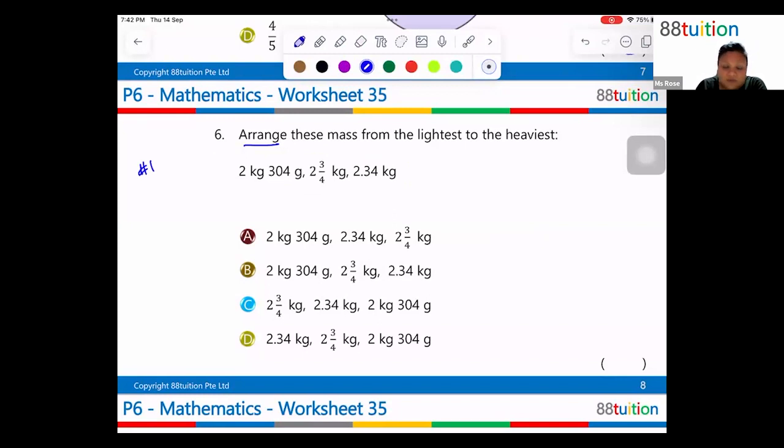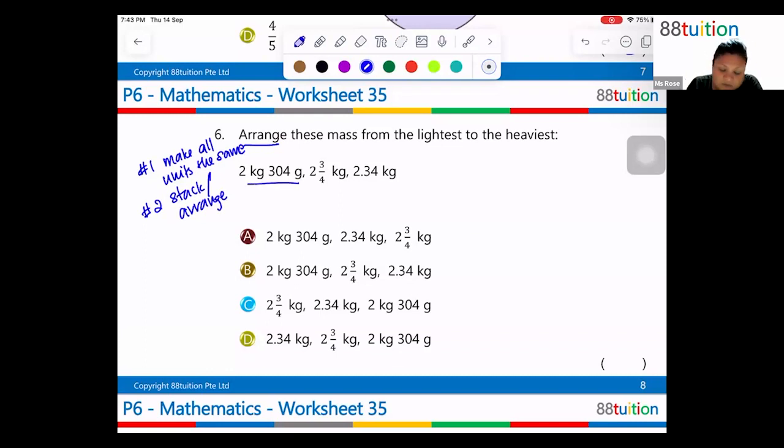Number 1 is to make all units the same. Okay, make all units the same. Thank you, Pranati. And then number 2 is stack or arrange.